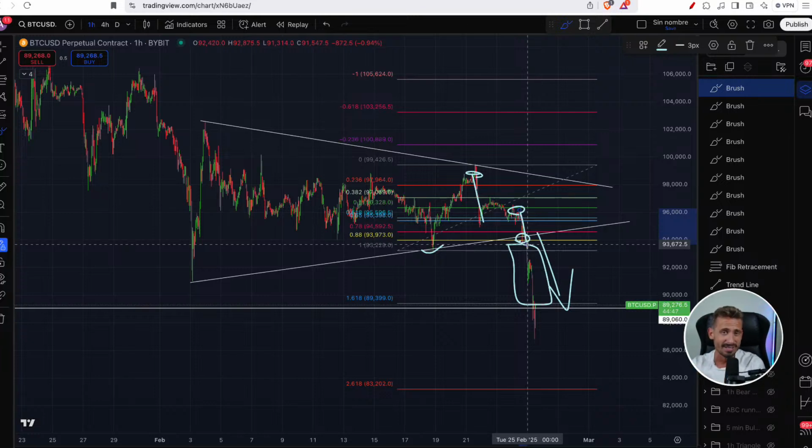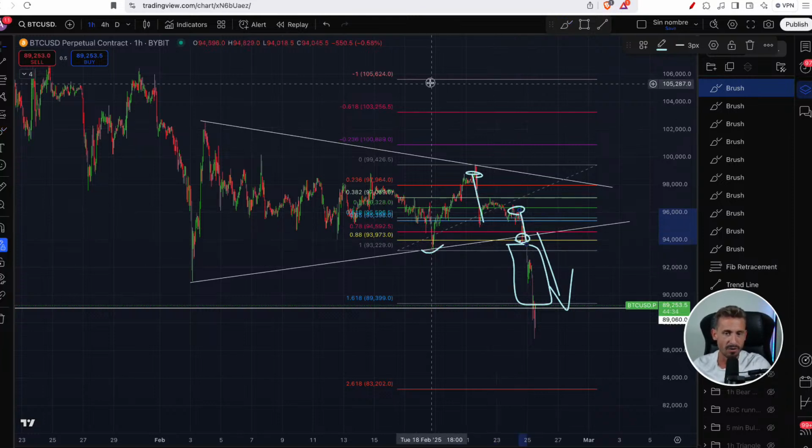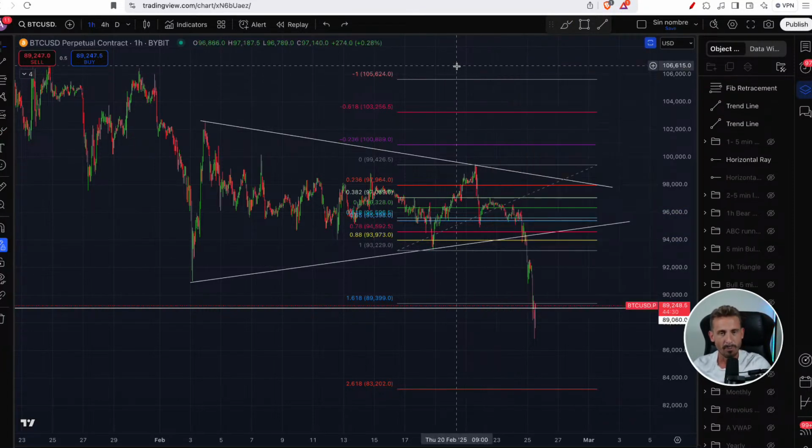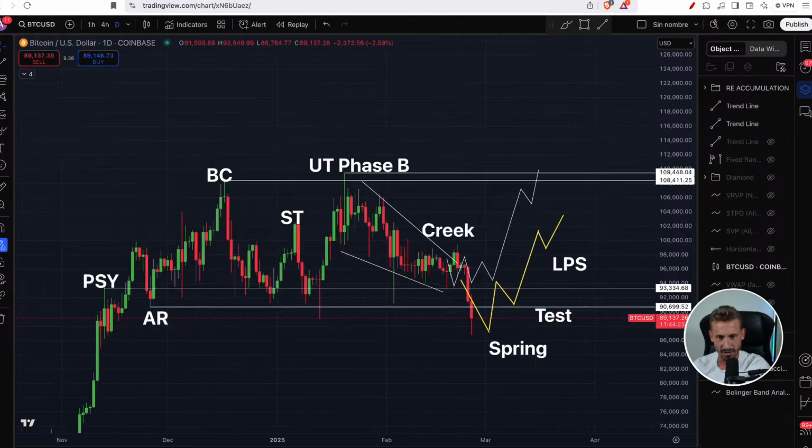I am interested, and I am in a swing long position from these current levels. Now, I'm going to handle this like I can afford to handle it. Take that with a pinch of salt. But this zone is the zone of interest for the price of Bitcoin to recover in the coming weeks, okay?